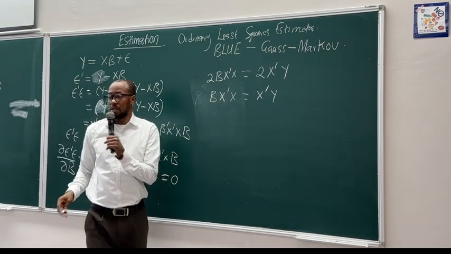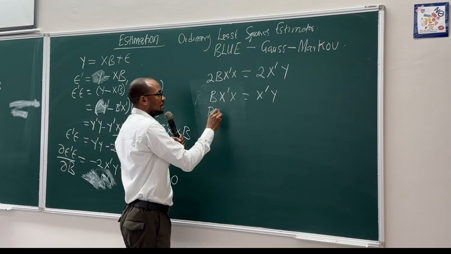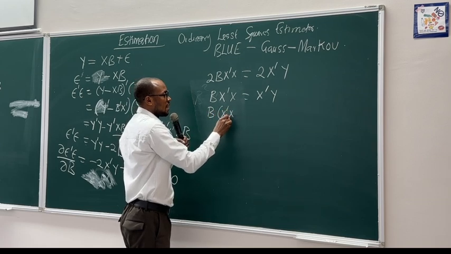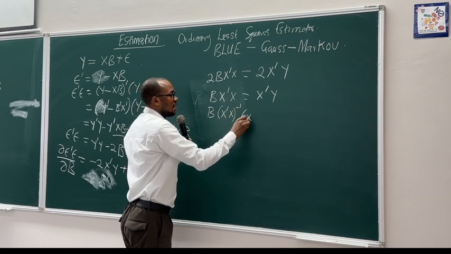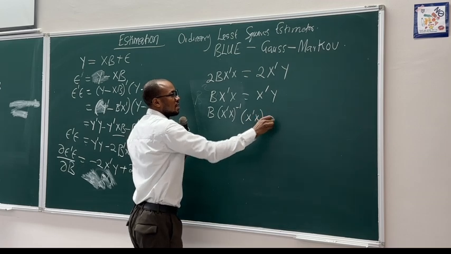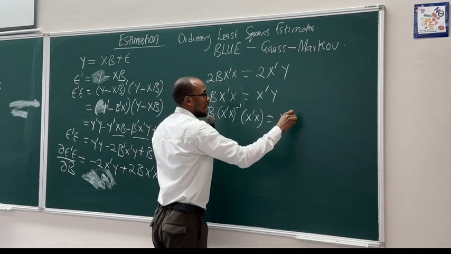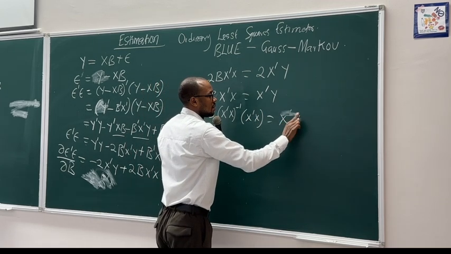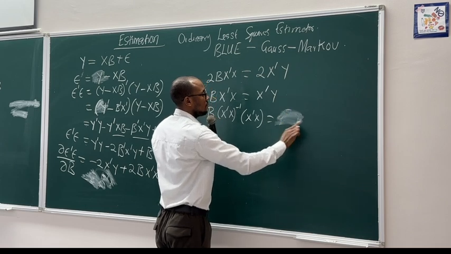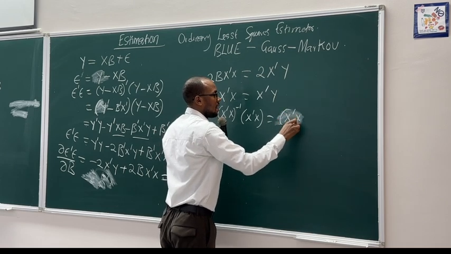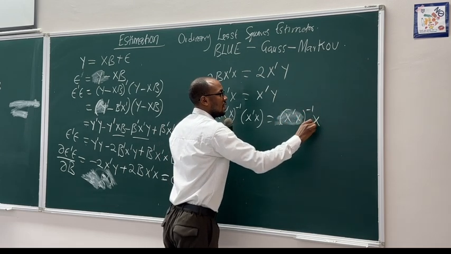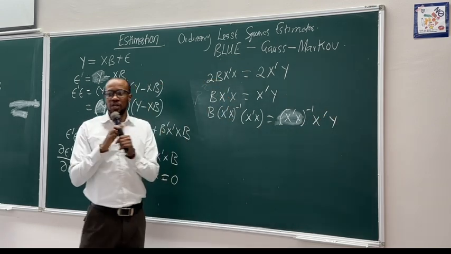This matrix. So we're going to have b x transpose x inverse x transpose x equal to x prime y inverse, x prime x inverse x prime y. So check out what we did.